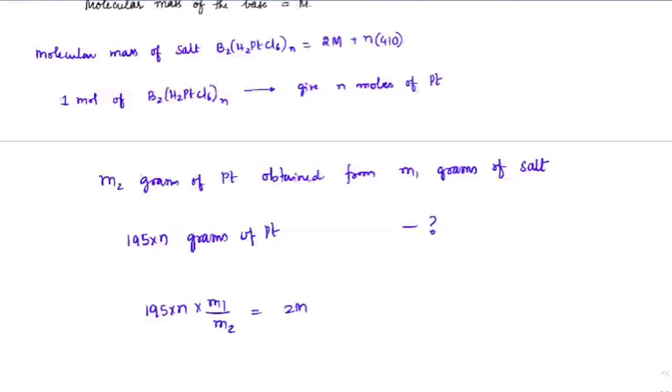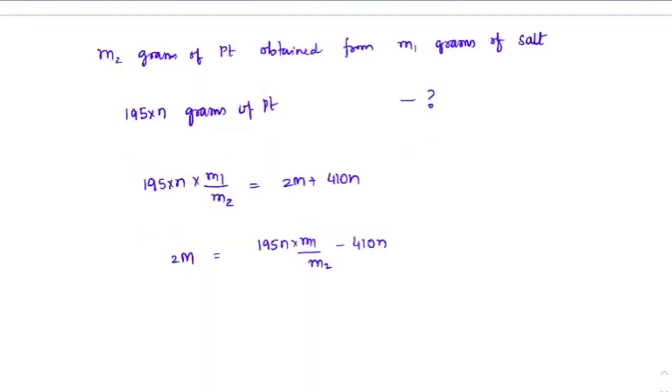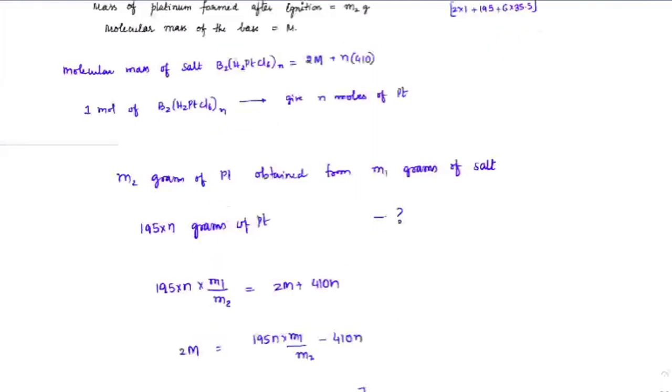Okay. So from here I can calculate 2M is equal to 195n into M1 by M2 minus 410n, and M is equal to 195n into M1 by M2 minus 410n, by 2, half. Right, so that will give us the molar mass of the base.